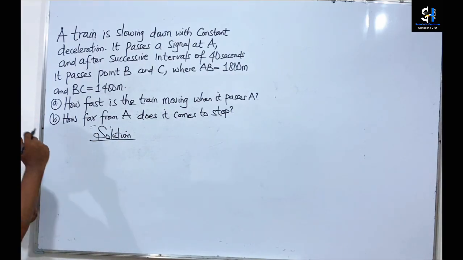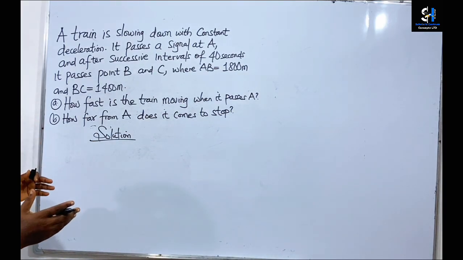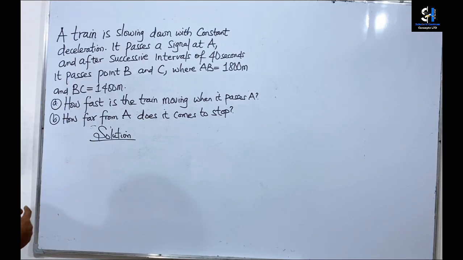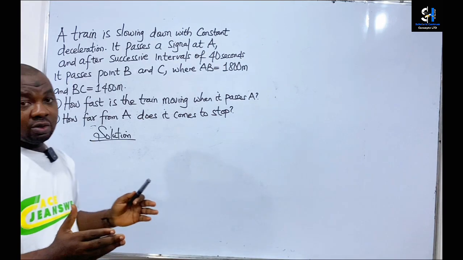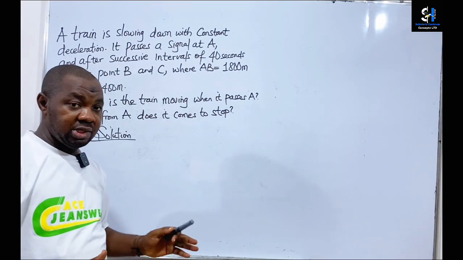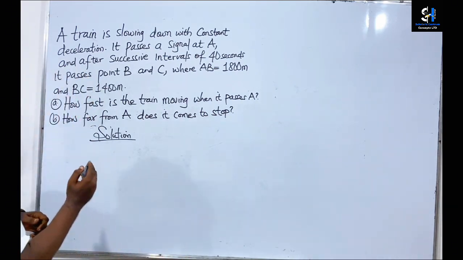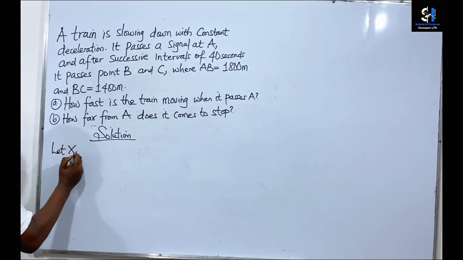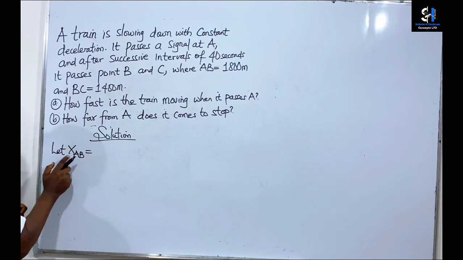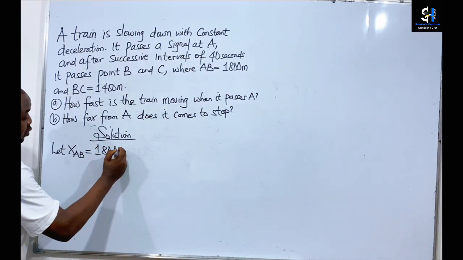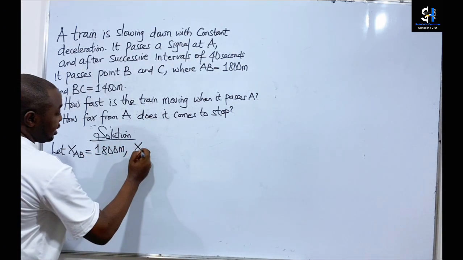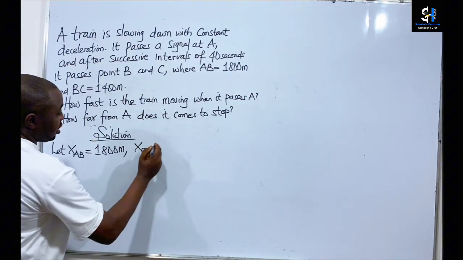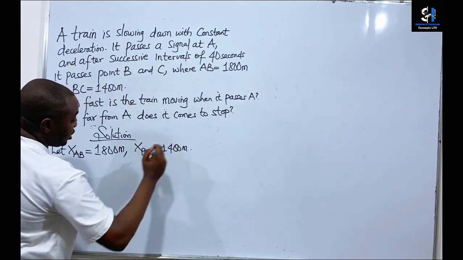All right, so our solution. What I will do first is set up the distance-time equation for calculating velocity. The acceleration must be negative, and it will be constant. Let XAB, the distance traversed by the train from A to B, be 1,800 meters, and XBC be 1,400 meters.